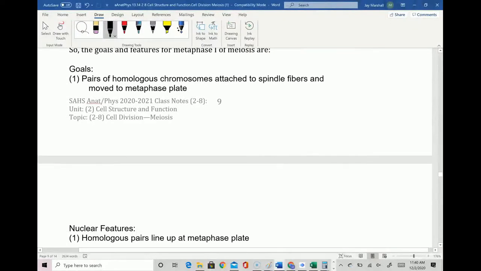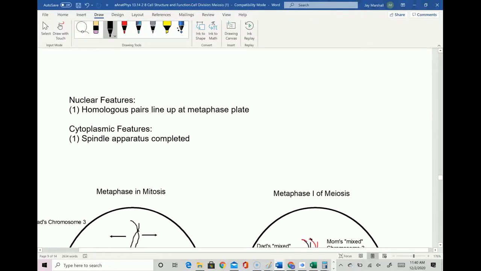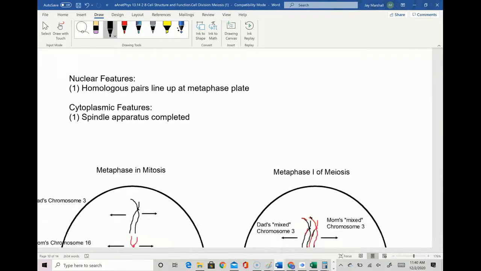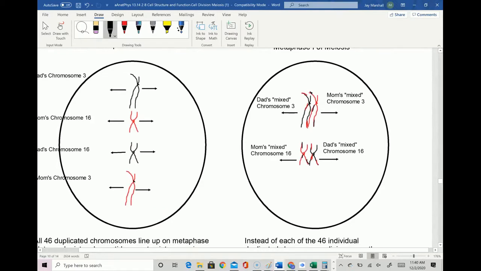So the goals of metaphase 1: pairs of homologous chromosomes are attached to spindle fibers and moved to the metaphase plate, and I see homologous pairs line up at the metaphase plate. I know we're getting close on time here. Now, yours didn't copy correctly. For some reason, they're weird. But this is what they should look like.